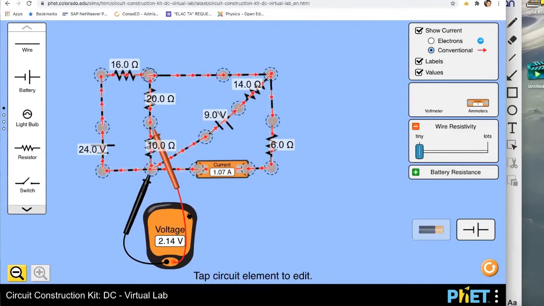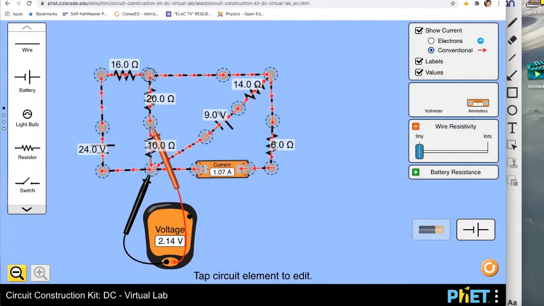Okay, so how do we do this, guys? So now the voltage of the 10 is coming out 2.14 volts.